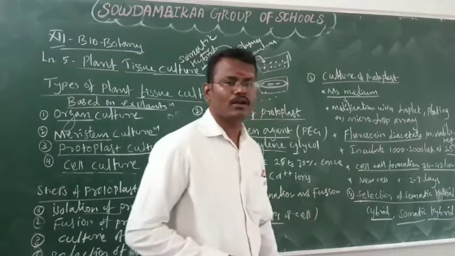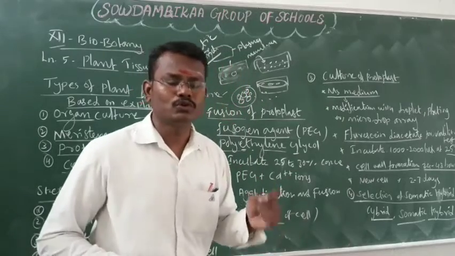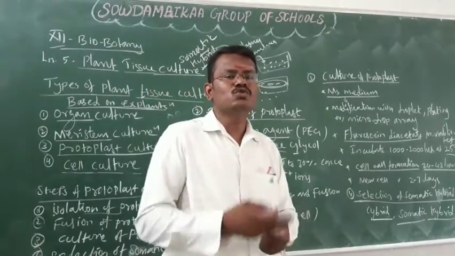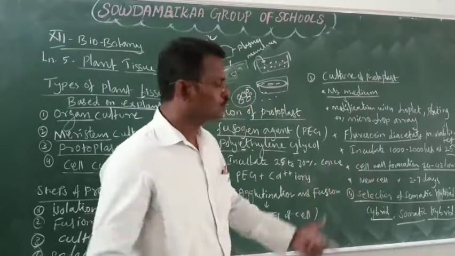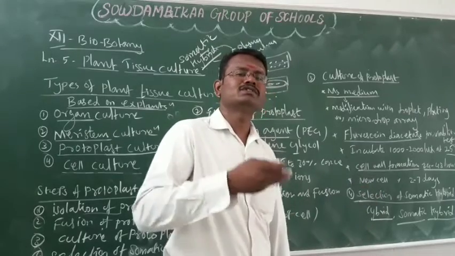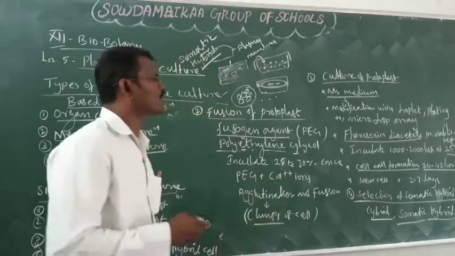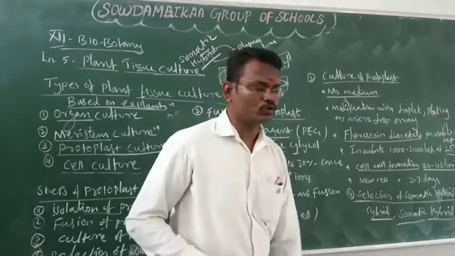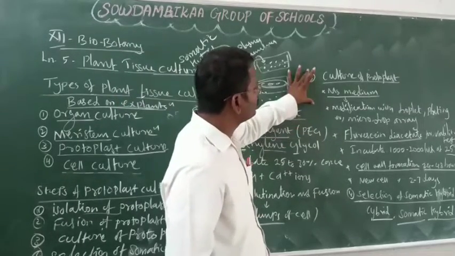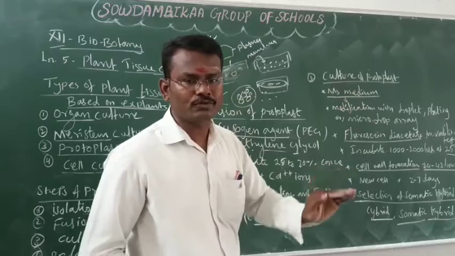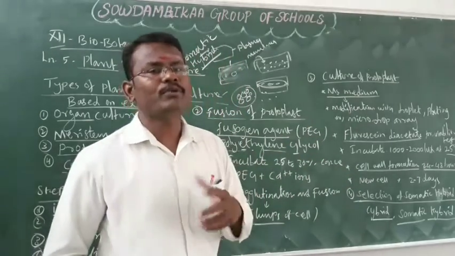Next, after the new cell formation, 2 to 7 days later the cell division will take place. Our single protoplast will be divided into two cells 2 to 7 days after the cell culture, after the fusion of the protoplast. To recap the culture of the protoplast: we use MS medium modified with the droplet plating or micro droplet array method.